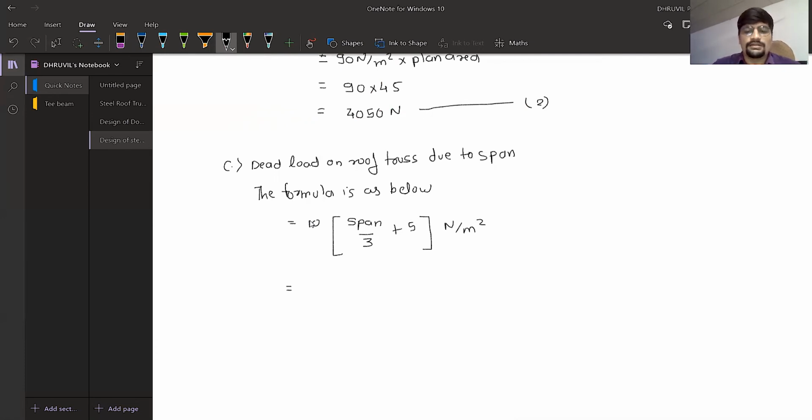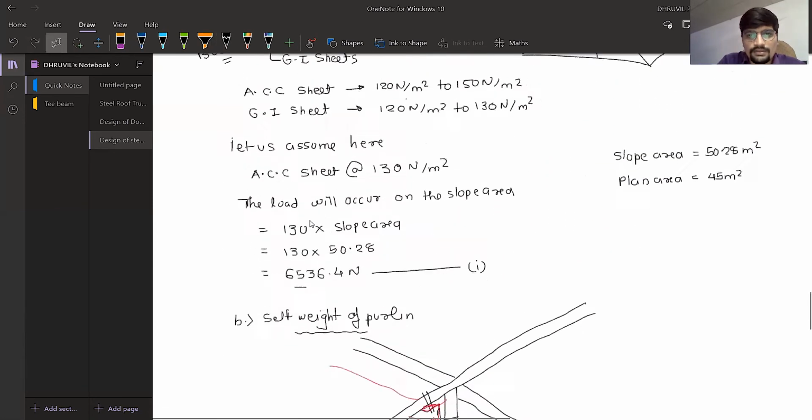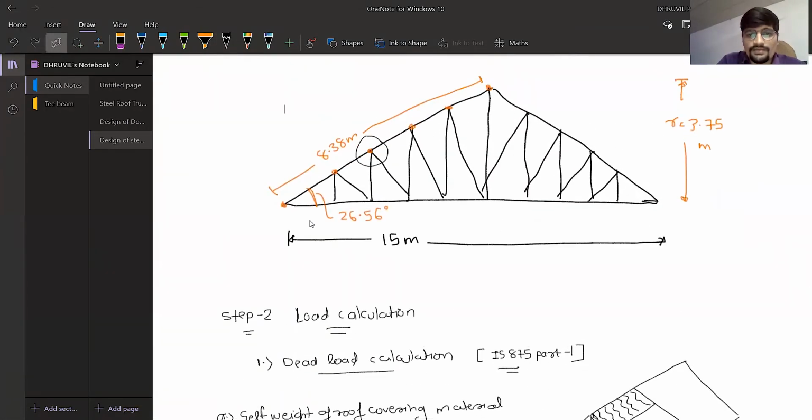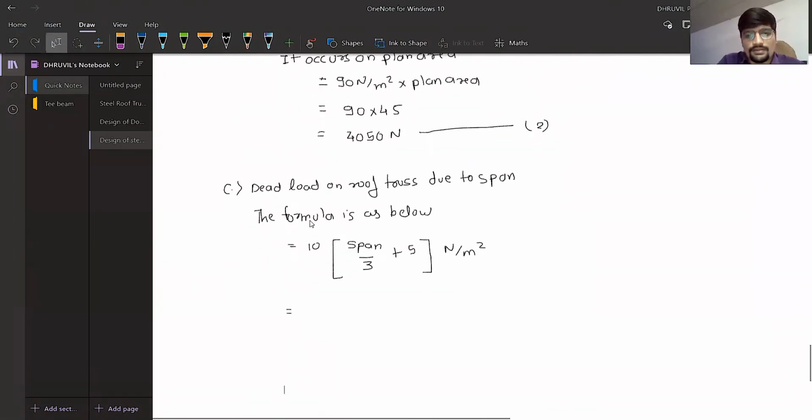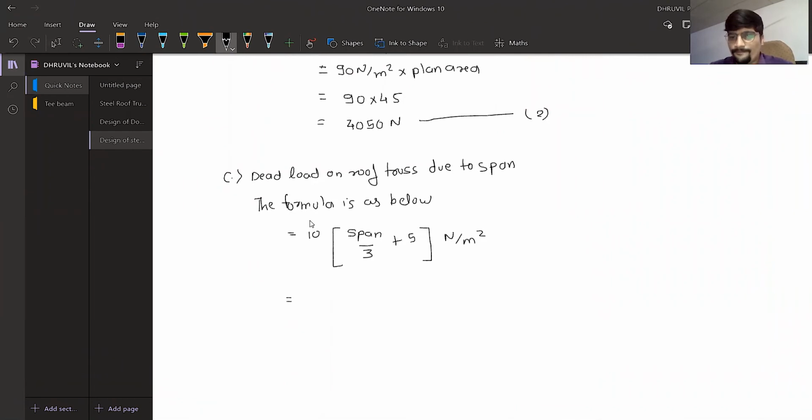Our span in the geometry is 15 meter, so we will take the span as 15 meter. So let's take span 15 by 3 plus 5.